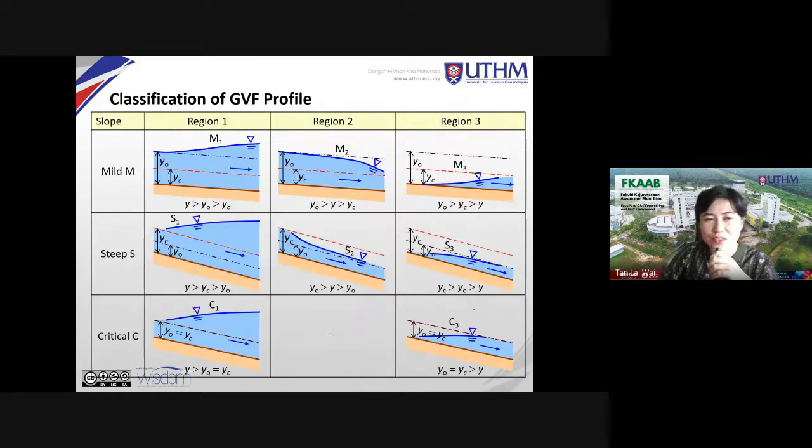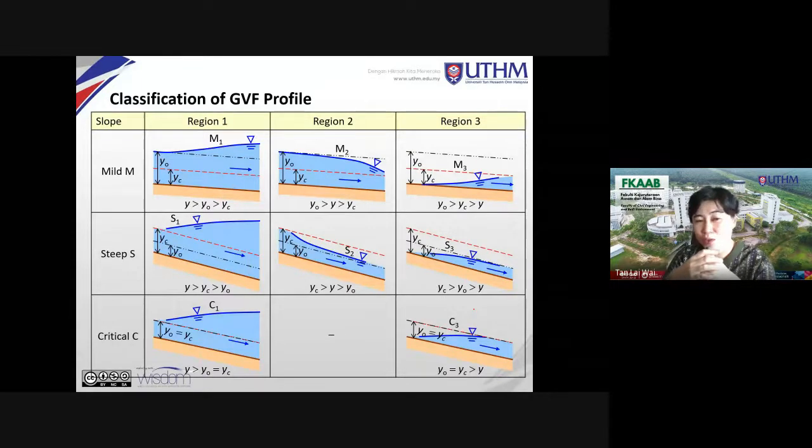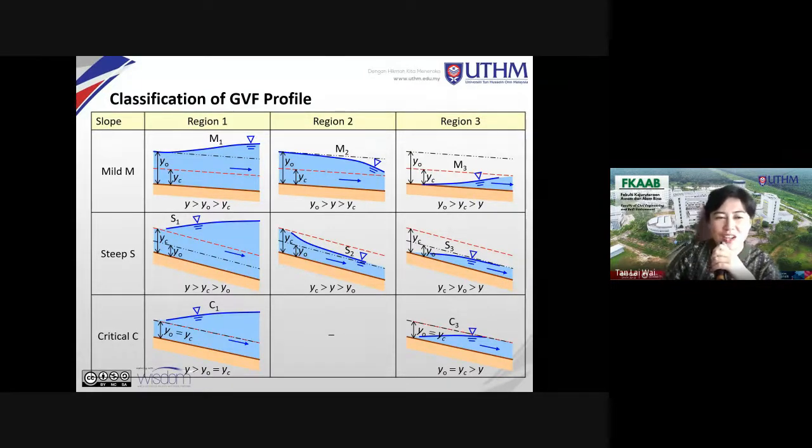Okay, next we'll see. This is just to show the longitudinal section of the flow, to visualize how M1, M2, M3 would be. It's actually repeating the previous slide. It's just that the previous slide is all the criteria. So you have mild slope.